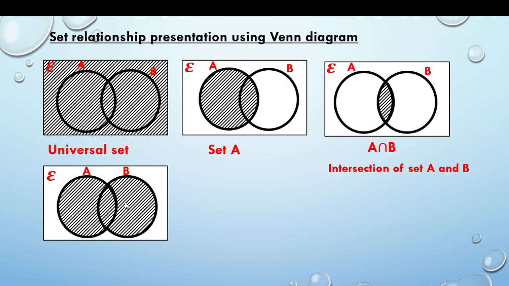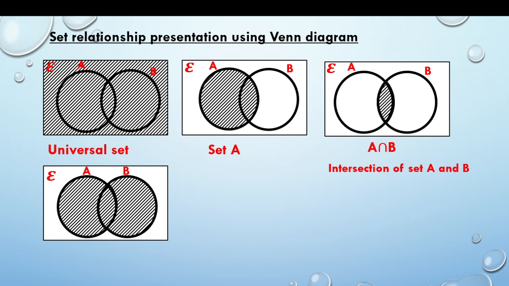Let's look at another example. Here we have the universal set, which is this rectangle. We have set A, which is shaded, and also set B, which is shaded. In this shading, we are asked to list the elements of set A and set B. Such a listing, where you list the elements of this set and another set, is called union.